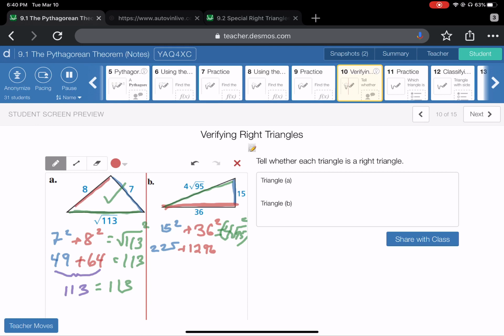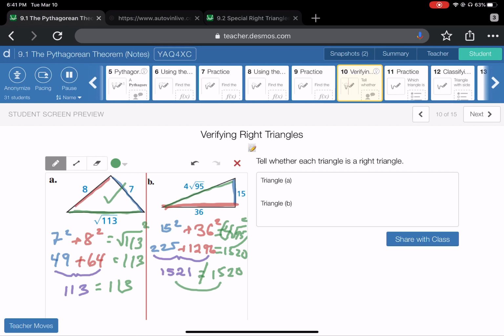And that should be equal to 1520. Then if we add 225 plus 1296, we're going to get 1521, and that is not equal to 1520.